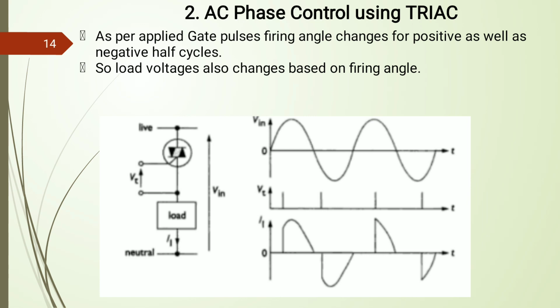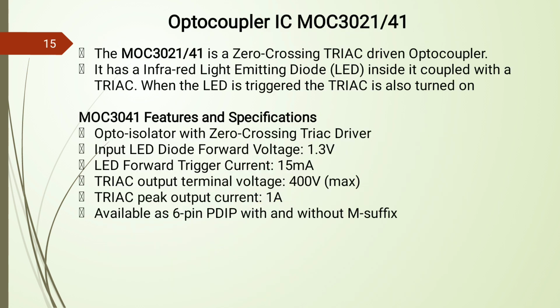So after the firing angle, output is delivered to the load. Firing angle is important, and the pulse duration is also important, for which it will remain on. So this is the basic structure for getting positive half cycle output as well as negative half cycle output with the help of triac by activating the gate signal.